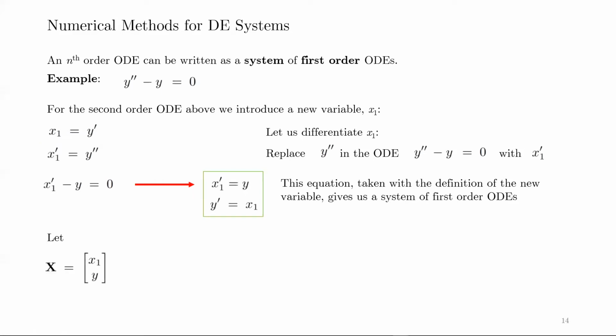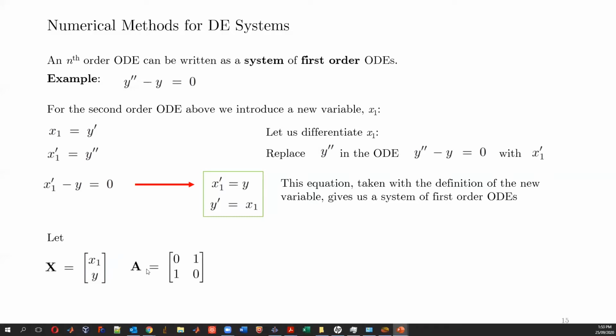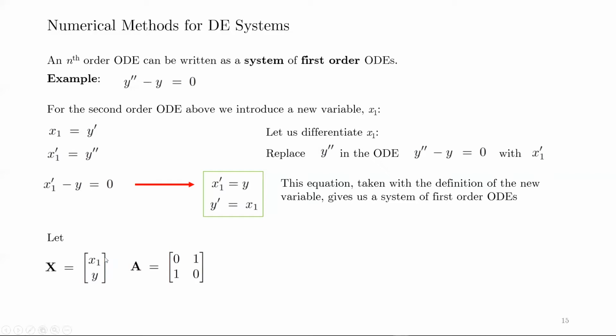I'm going to let the vector x equal the vector of x1, y. Again, I've written x1 first here. It doesn't matter if you write y or x1 first, as long as you're consistent in the matrix A. For the x1 variable, x1 prime equals 0 times x1 plus 1 times y, so that's why we have 0, 1 in the first row. For the y differential equation, y prime equals 1 times x1 plus 0 times y, so that's why we have 1, 0 in the second row.